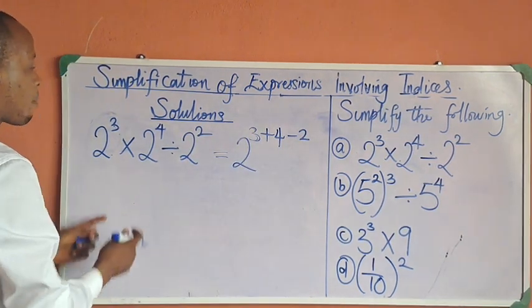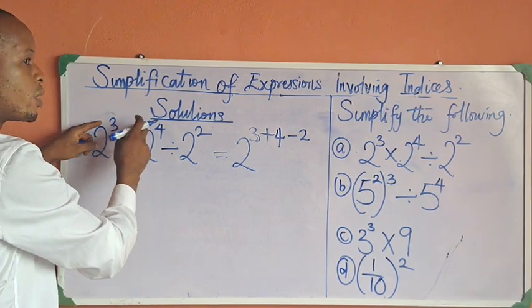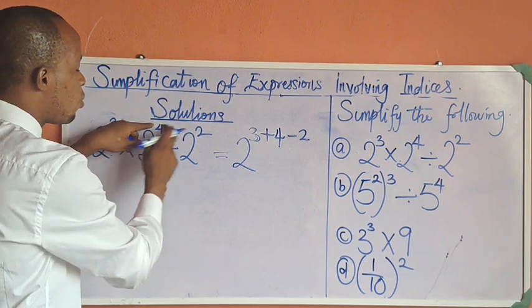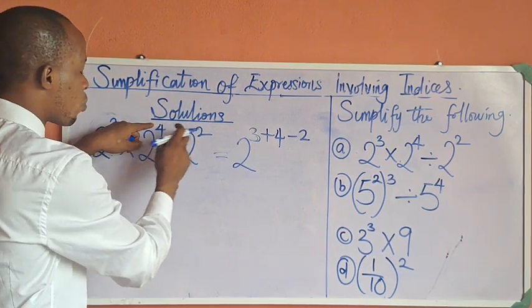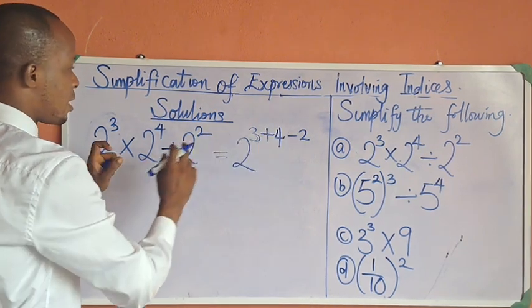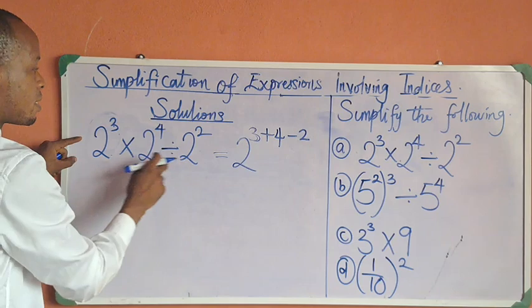If you are multiplying 2 powers together, what you need to do is to change the multiplication into addition. And if you are dividing 2 powers, what you are expected to do is to simply change the division to subtraction. And that is what I have done here. I simply picked one of the bases.